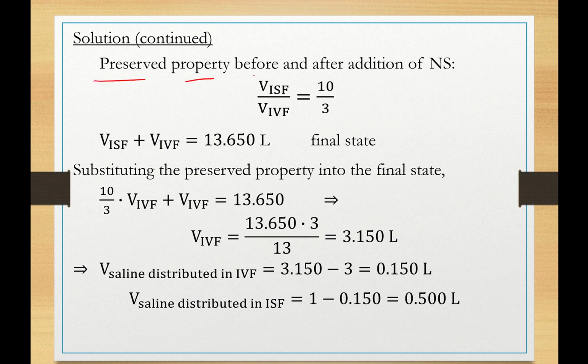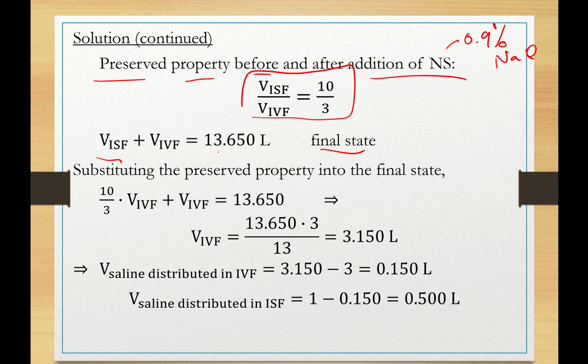The preserved property before and after addition of this isotonic saline is 10 over 3. And in the final state, I'm adding 650 ml of isotonic saline, and therefore the final volume is 13.65 liters.